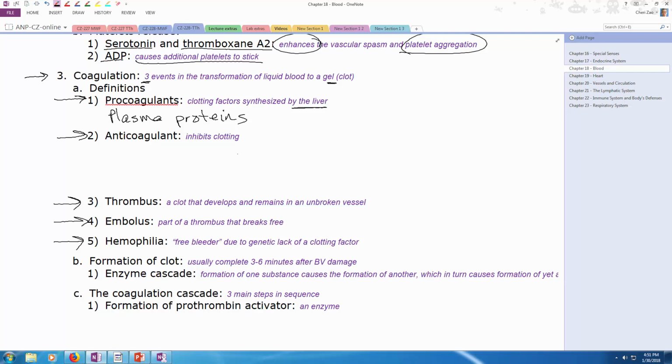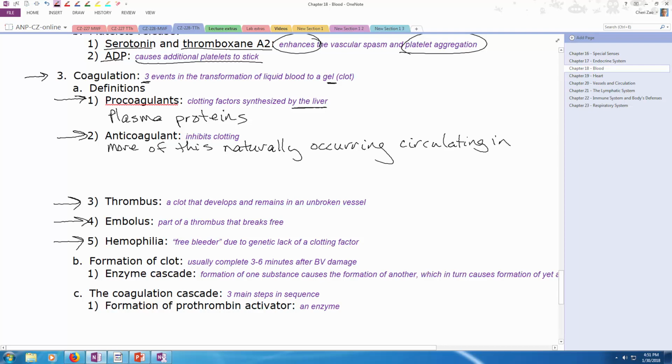So anticoagulants, more of this naturally occurring, circulating in our bloodstream than procoagulants. That's a good idea. Let's make sure we have more anticoagulants circulating around in our bloodstream than our procoagulants.